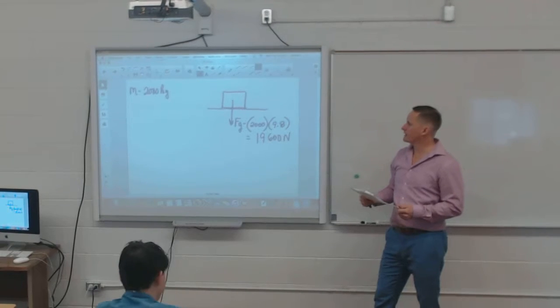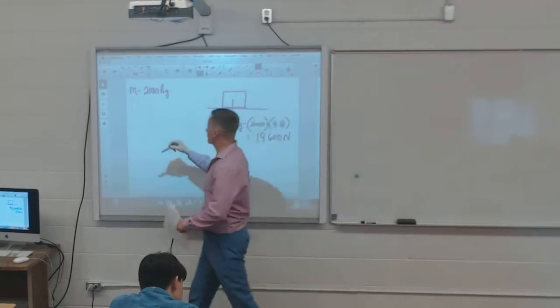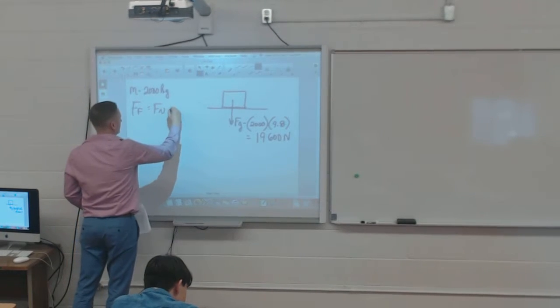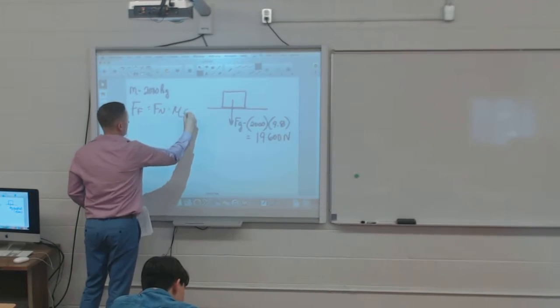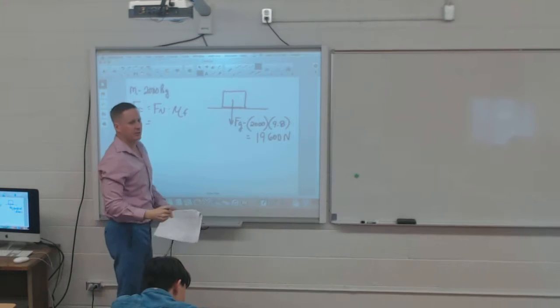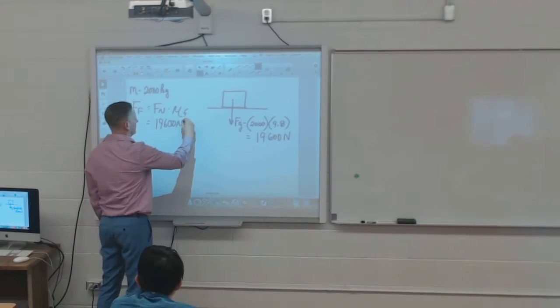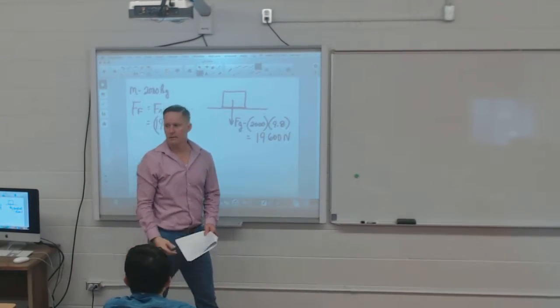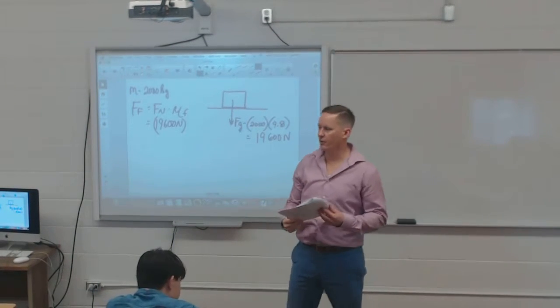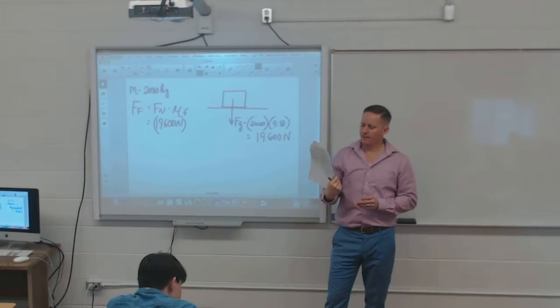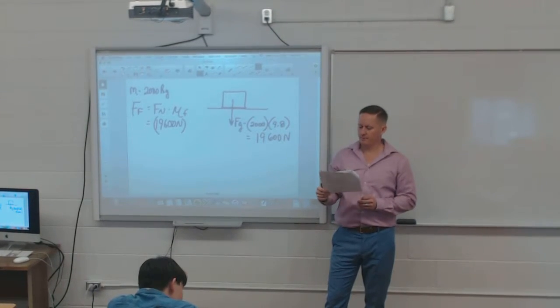Okay? So then the next thing I need to find, in order to find the force of friction, if it's not given to you, it'll be on that chart. So 19,600 newtons times the coefficient of friction of what?